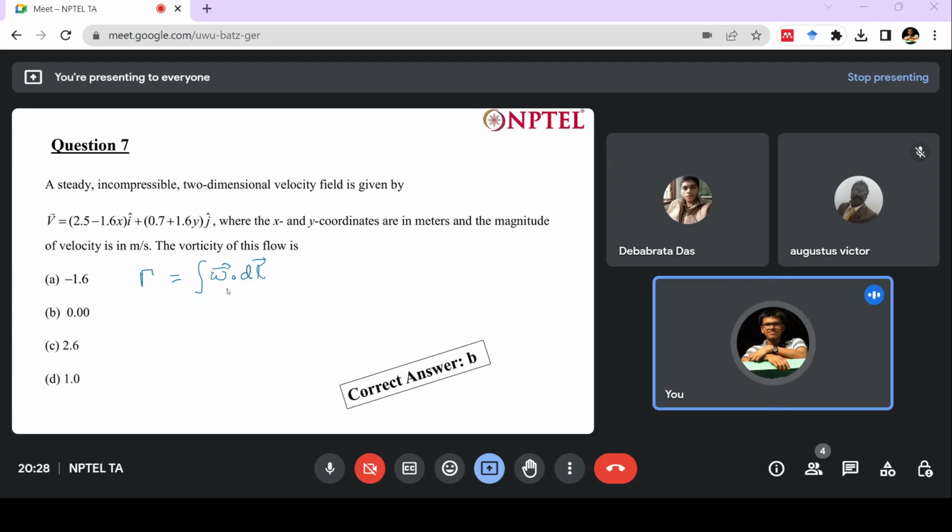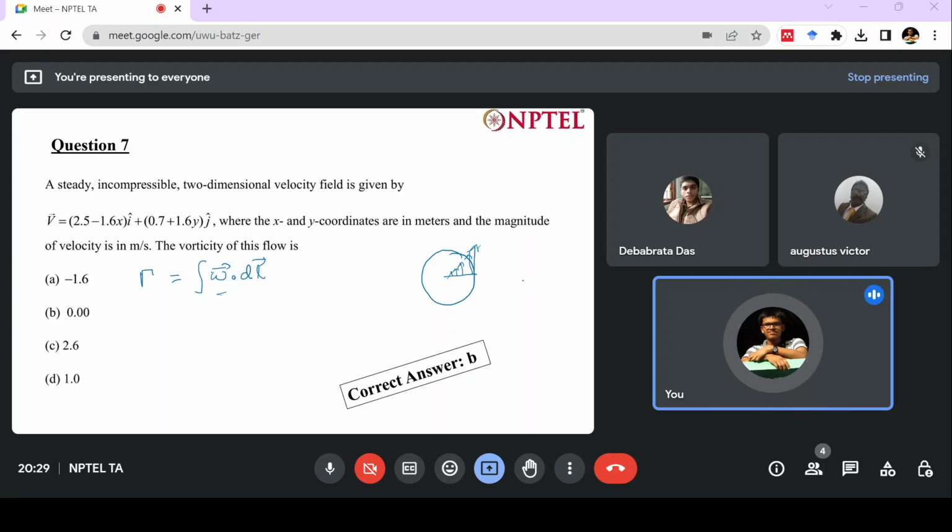If it is mentioned throughout, we can define our own contours, then obviously since vorticity has a value, you can define contours through which this circulation will have a non-zero value. If I have a forced vortex in a circular space, we have seen that we will get a value of vorticity.